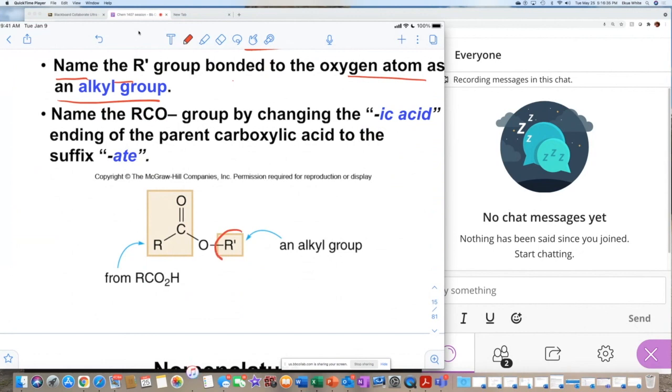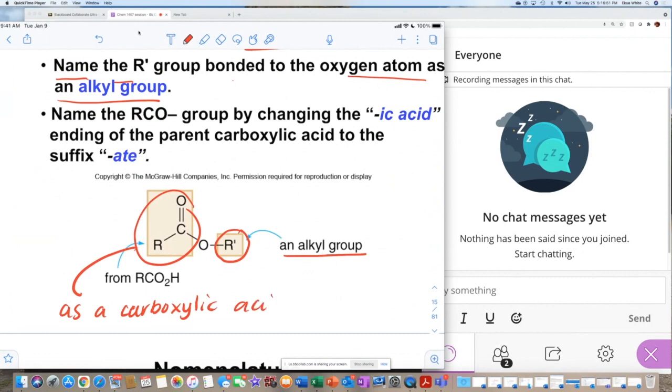You're going to name this part here as an alkyl group, and then name this part here as a carboxylic acid. And then when you do that, replace, I know, oic with ate. Actually, OH. Or the way they say, replace ic with ate.